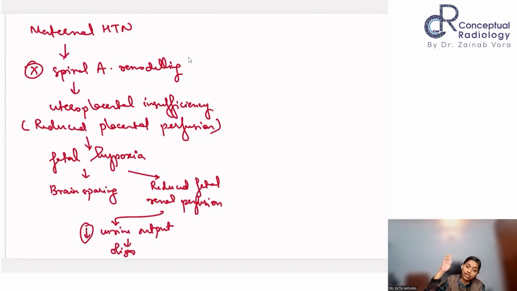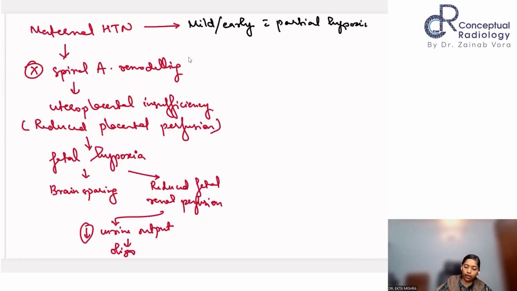I think it is very easy to understand why maternal hypertension is causing oligohydramnios. But the same maternal hypertension in a few cases can cause polyhydramnios. So can you tell me how? If the maternal hypertension is mild, especially in the earlier cases, mild and early cases of maternal hypertension with partial hypoxia in the fetus.